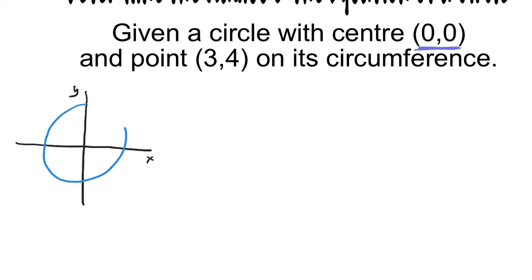And the radius is from the center out, and all we know is this coordinate 3, 4. Recall that this is an xy coordinate. Going back to our formula, it's x squared plus y squared equals r squared.